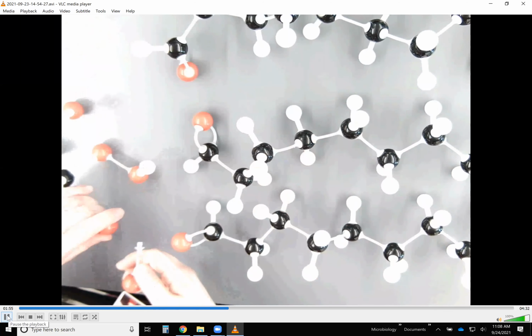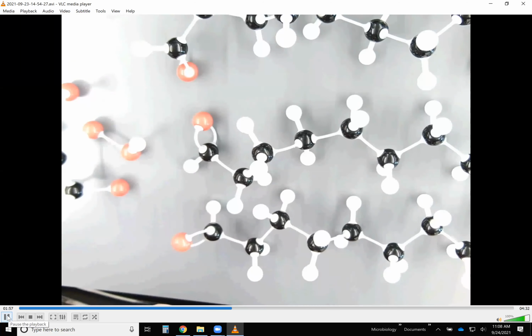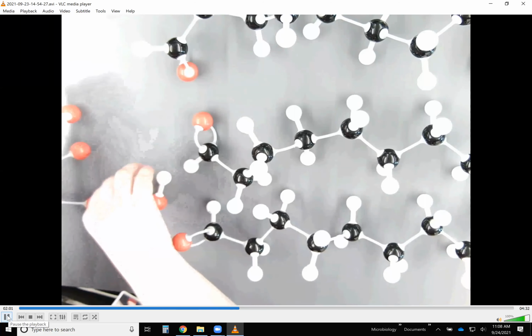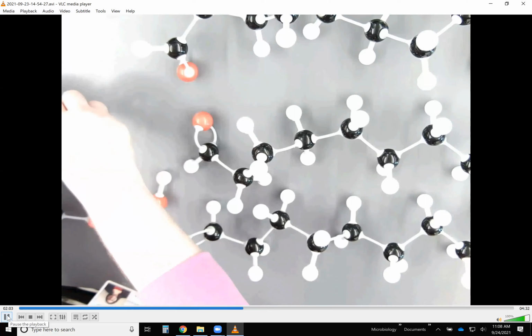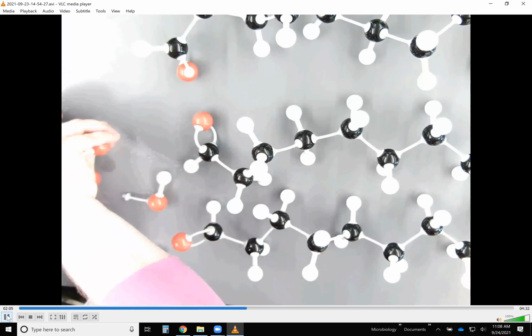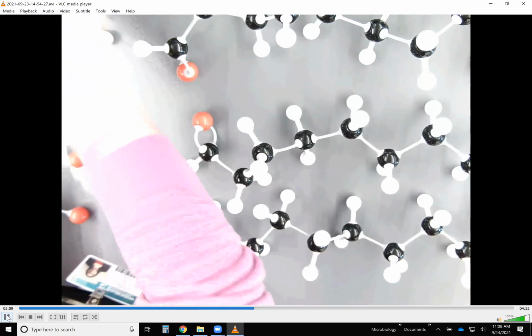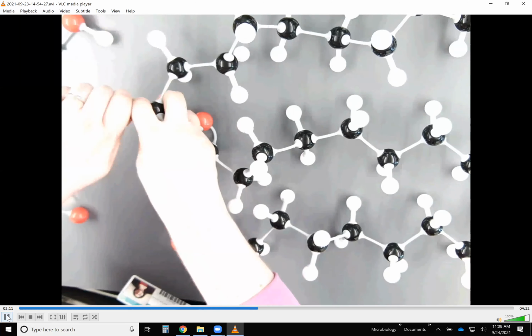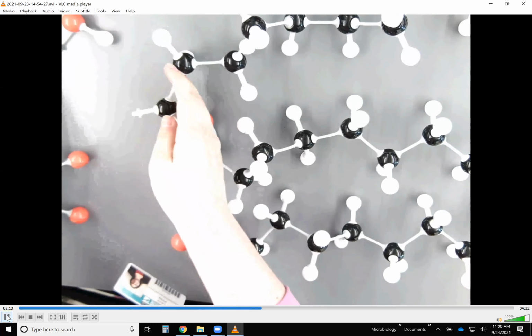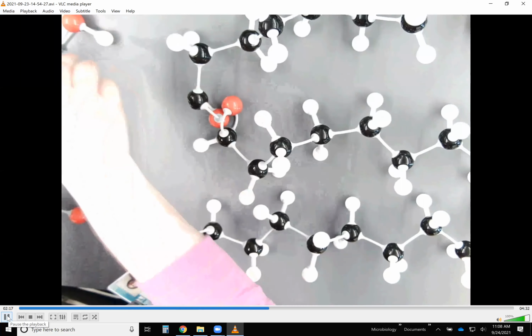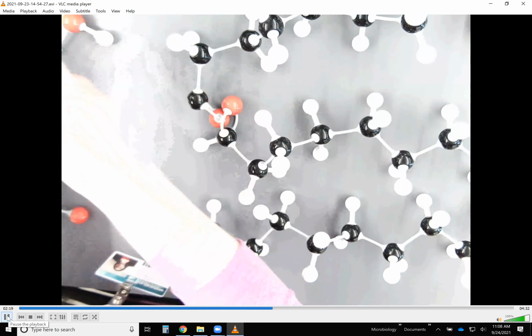So first we have to pop off the OH from each end of the glycerol. And we'll set those aside. And then we have to pop off 1 hydrogen from the end of each of the fatty acid chains.